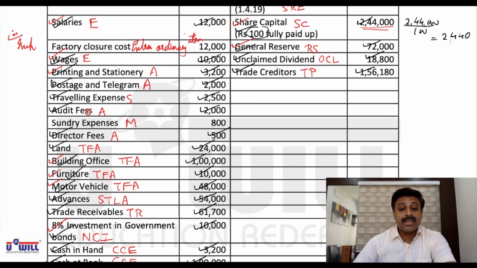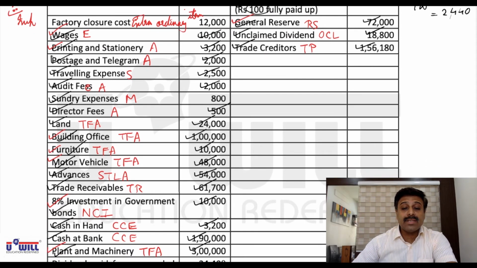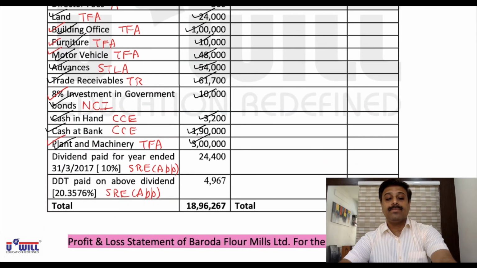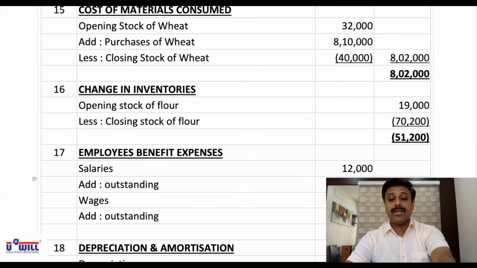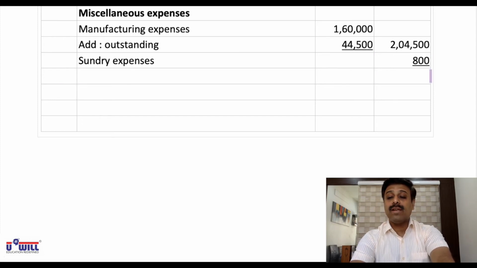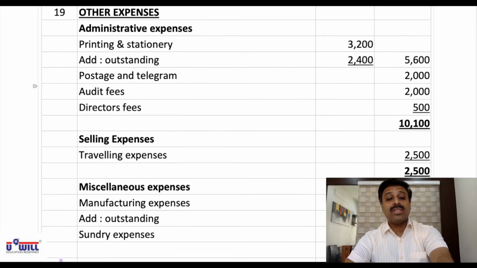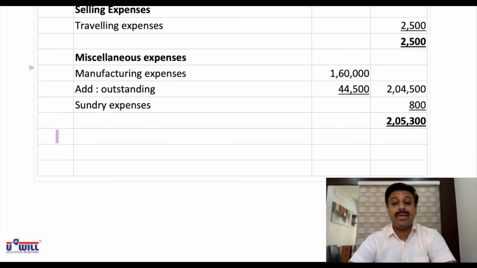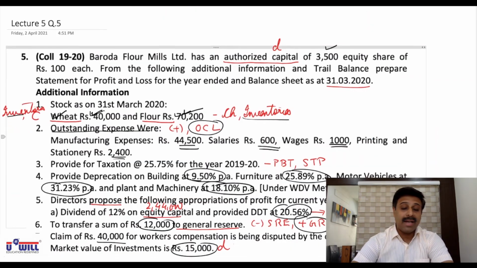After manufacturing expenses, sundry expenses 800. That's it. So total will come to 2,04,500 plus 800, 2,05,300. So all the notes have been taken into consideration. Now we can make the P&L statement and balance sheet.